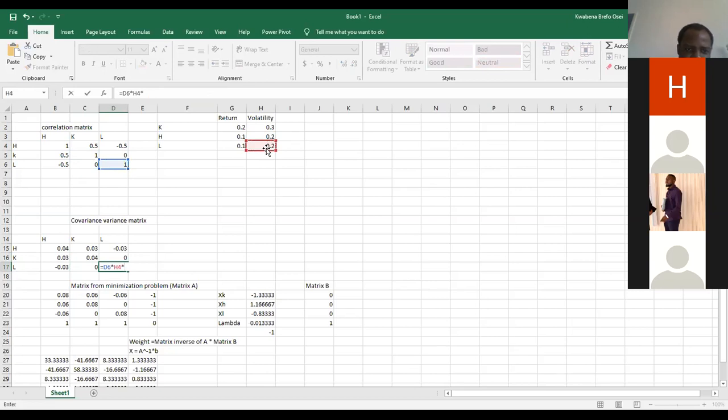But why? They can't all be 0.04 because this one is K. So variance of K is equal to this.